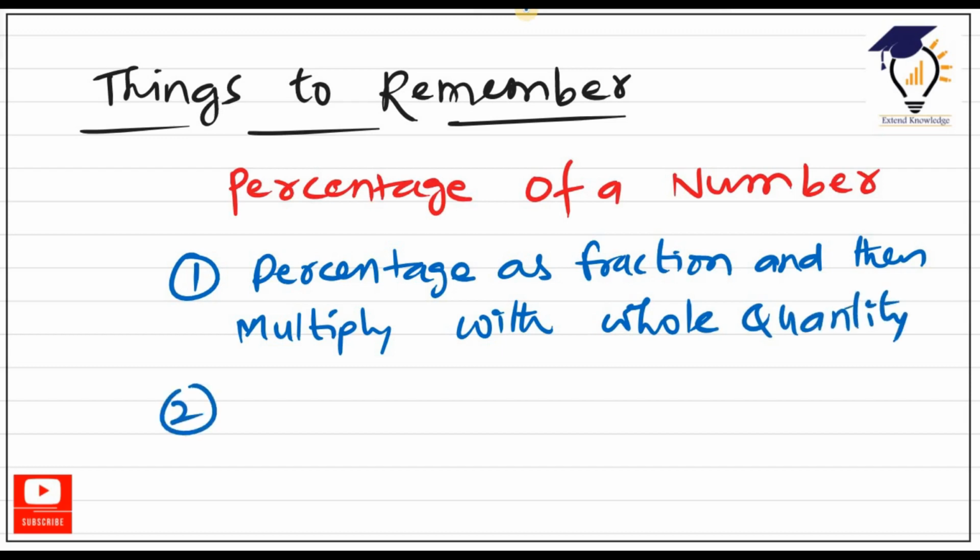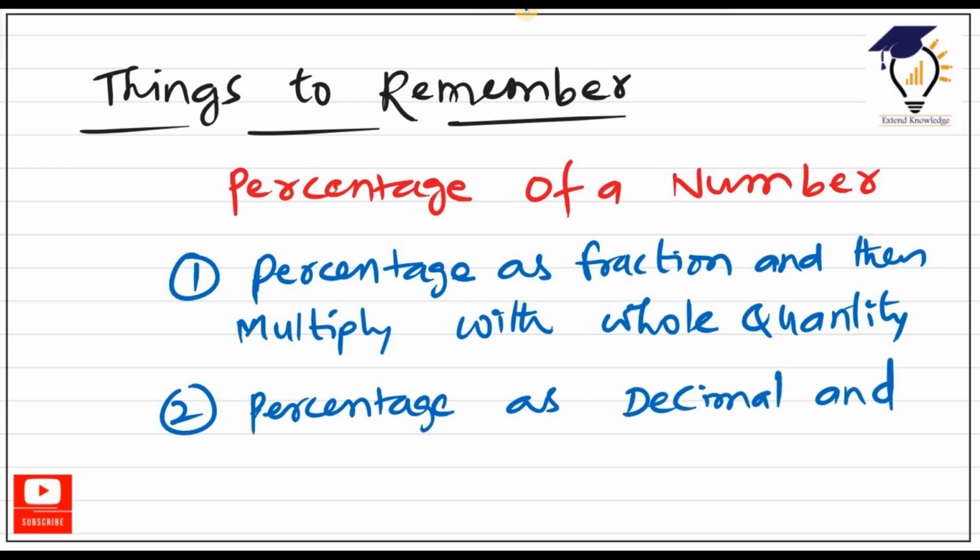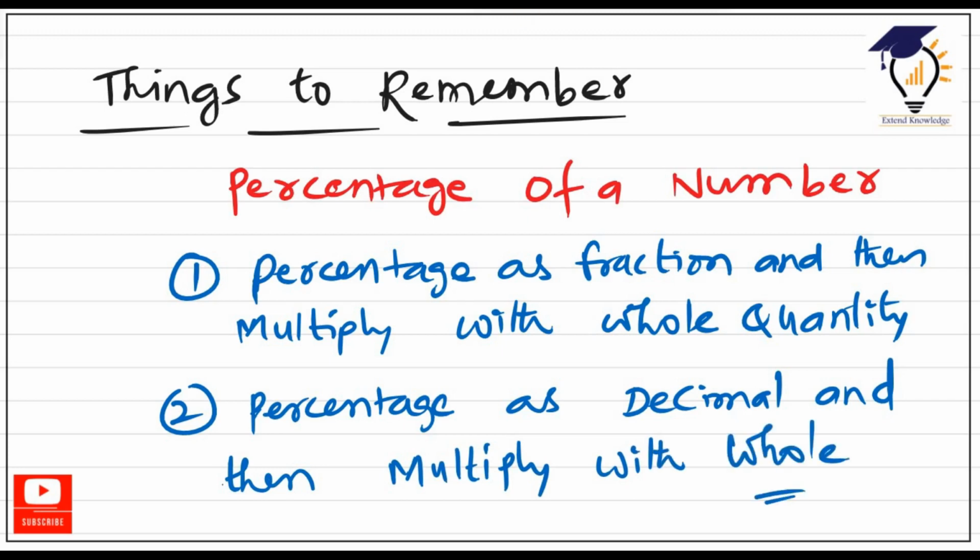Second way is that you can write the percentage as a decimal, and then multiply with the whole quantity. These are the two things we have to remember.